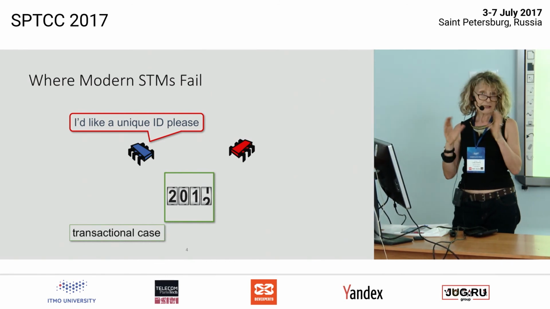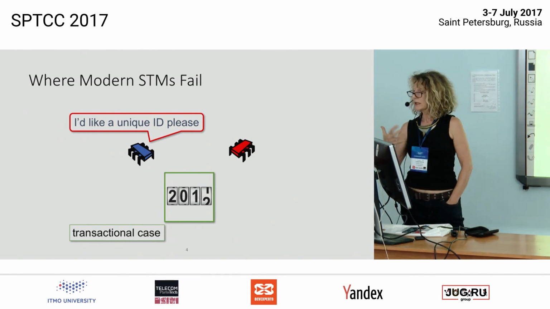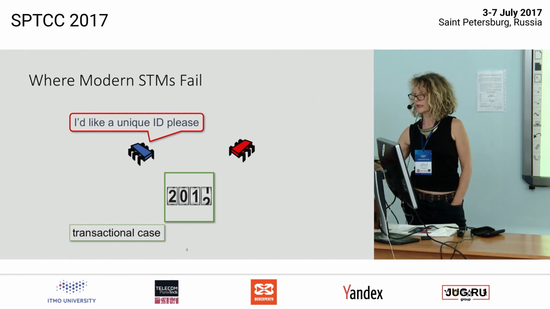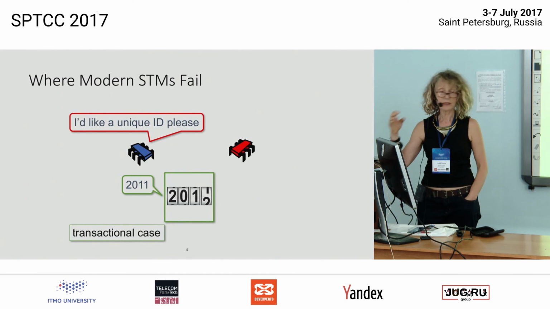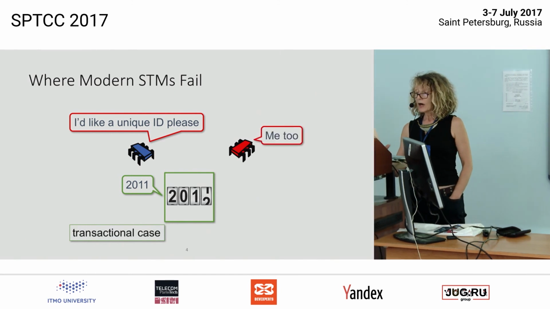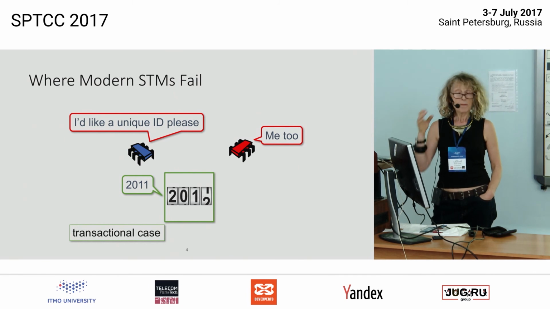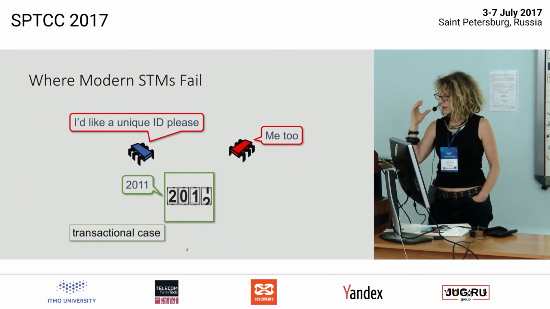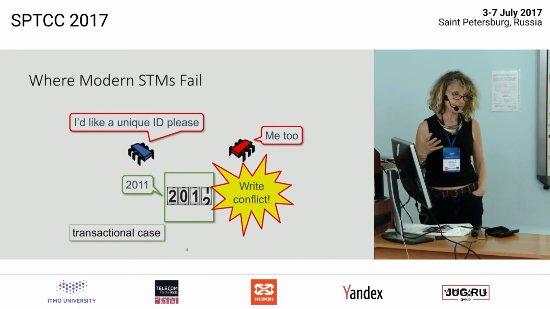Well, now, exactly the same situation, but here one thread asks for a unique ID, got something, keeps working on, and then the other thread also asks for a unique ID, a concurrent thread, but now one of them cannot complete.